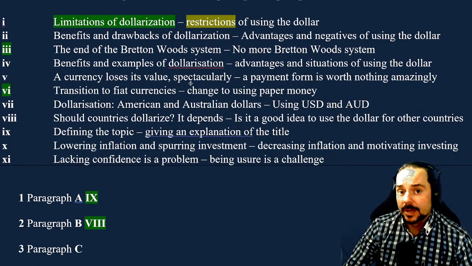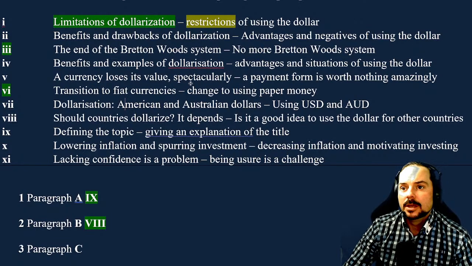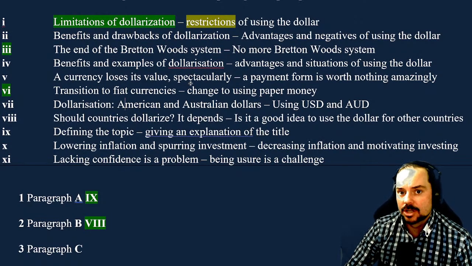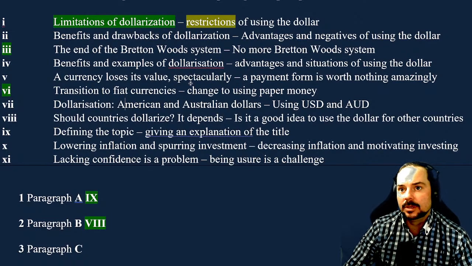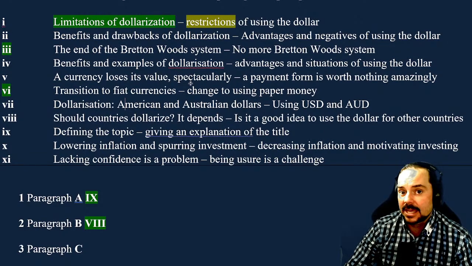In IELTS reading, especially, but it's also true for some of the questions in the listening and for the other parts of the exam, for the speaking as well, you have to apply rational and logical thinking to the information that you're given or that you're producing to get those band 7, 8, 9 scores.